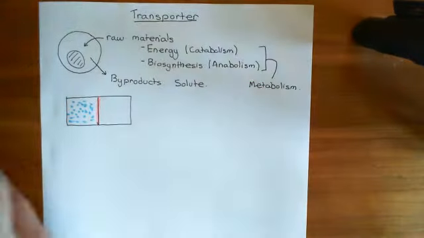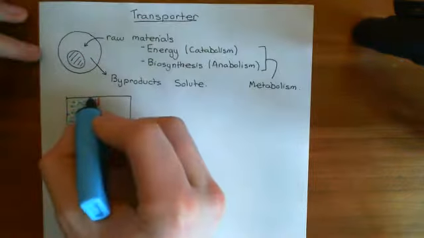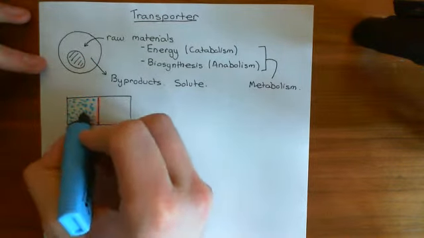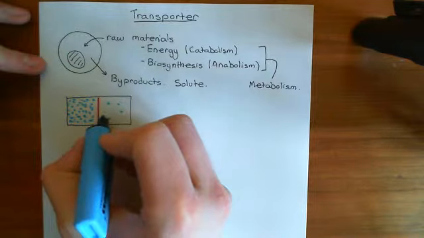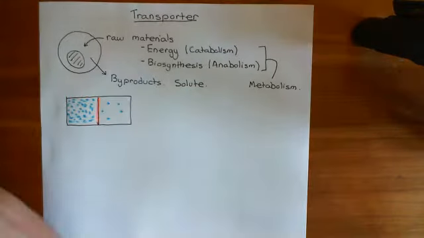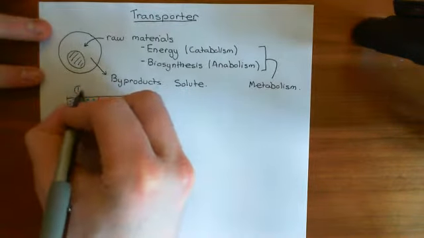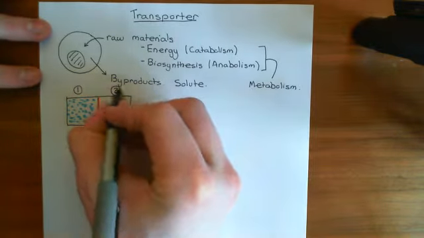So if you've got some sort of solute that is at a very high concentration in one compartment, and then a very low concentration in the second compartment, let's call this compartment 1, and we'll call this compartment 2 here.